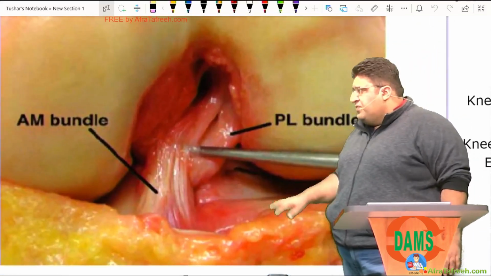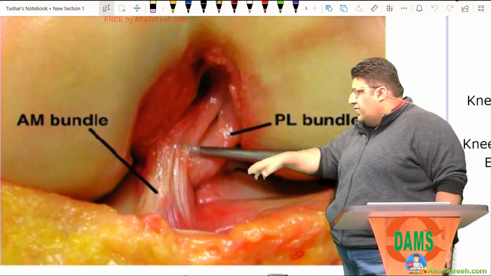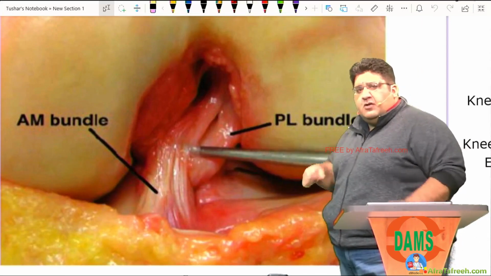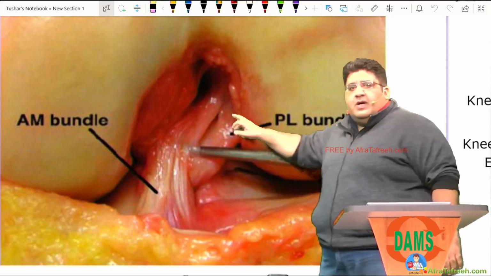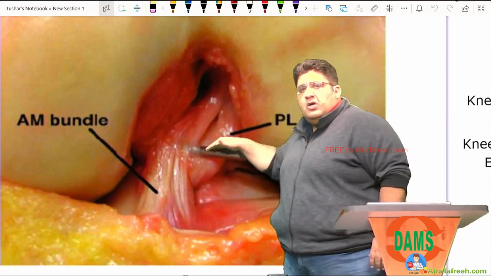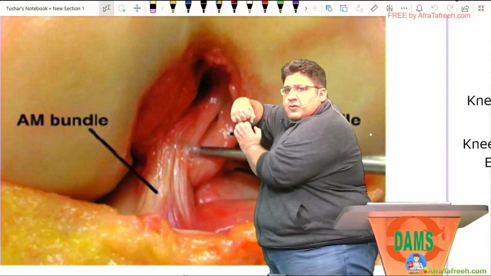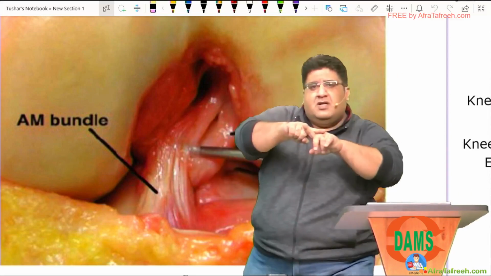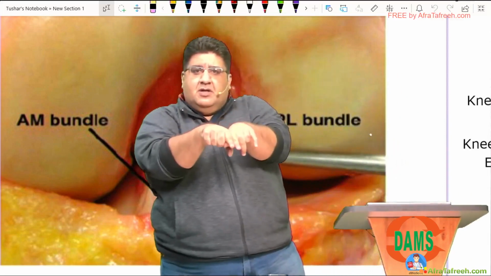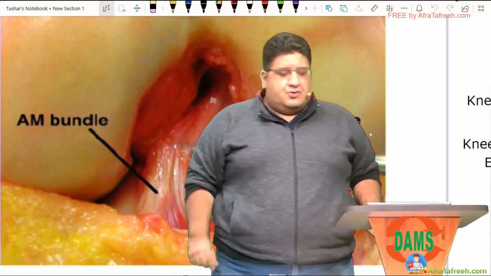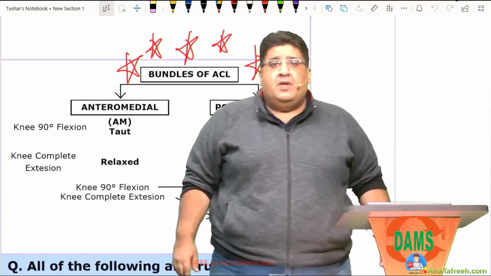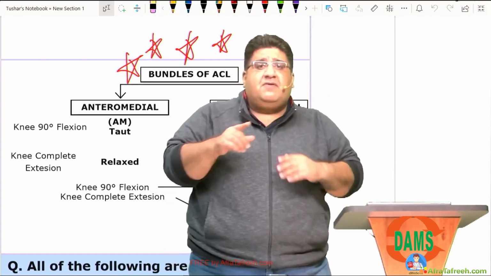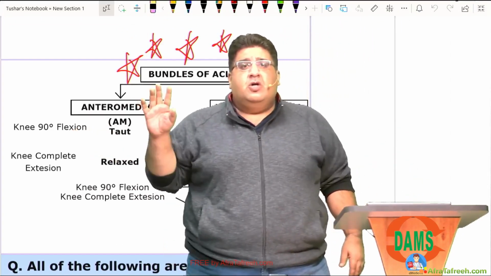By the way, this photograph which you are looking at right now has been taken with the knee in 90-degree flexion, and that is why these two bundles are crossing each other. If you make it straight, then these two bundles will come parallel to each other. So we have come to a certain conclusion today: if your knee is in 90-degree flexion, the two bundles will cross each other.